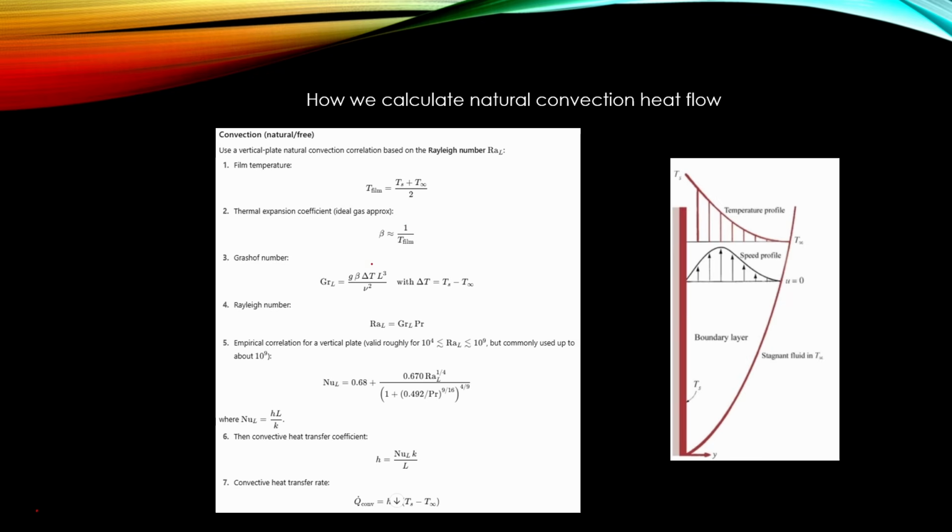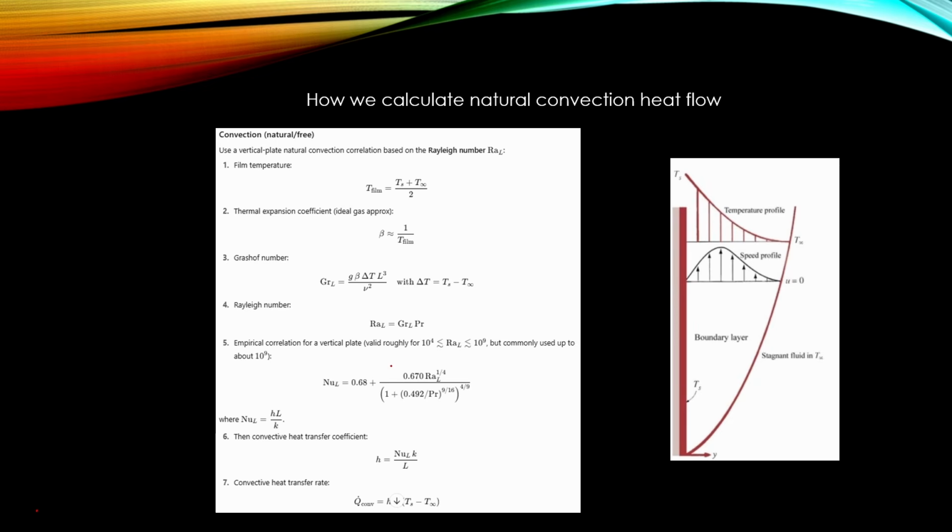Then we need the Grashof number, which is a function of this temperature difference and height of our plate. And then we need this Rayleigh number, which is Grashof number times Prandtl number.